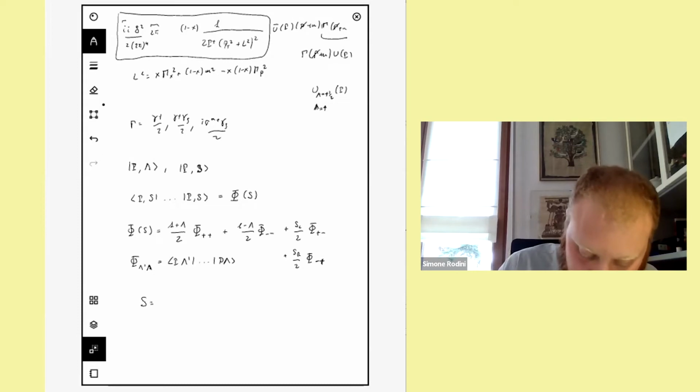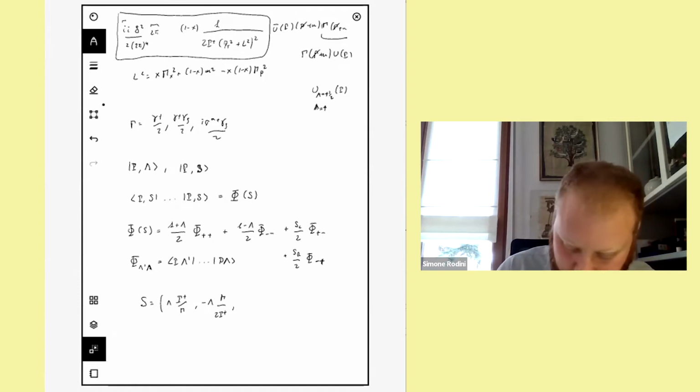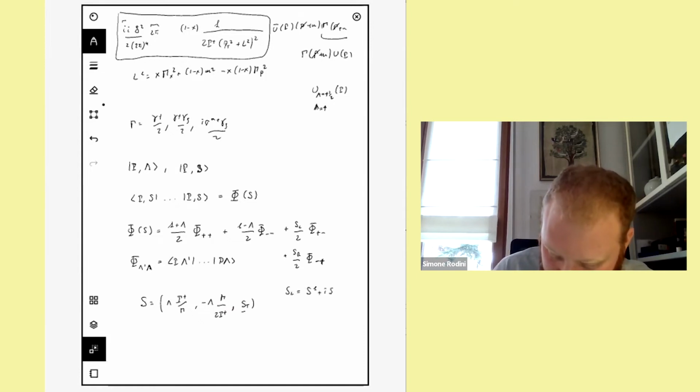And S, the proton spin four-vector, is defined as lambda p plus over m minus lambda m over 2p plus, and then S_R is S1 plus i S2. Sorry, R is with the plus, S left is S1 minus i S2.